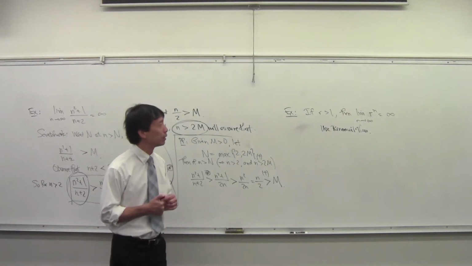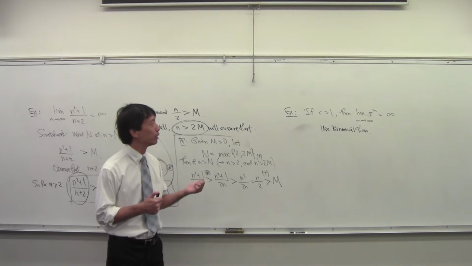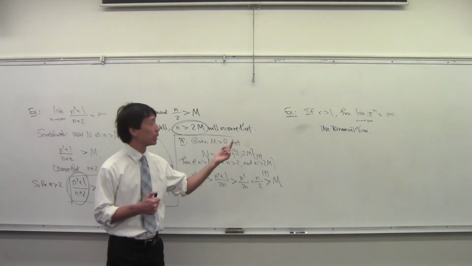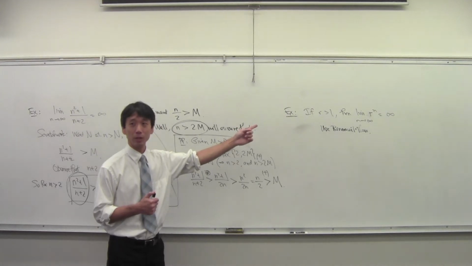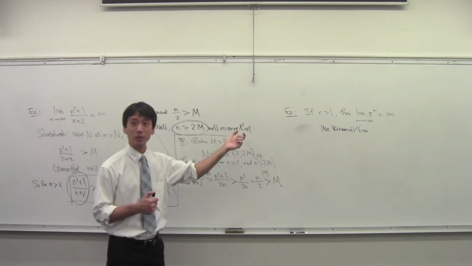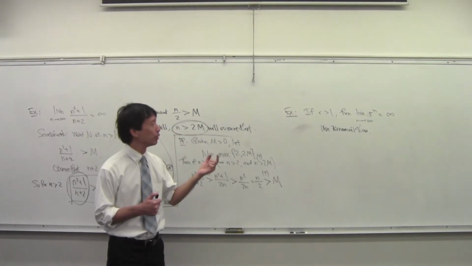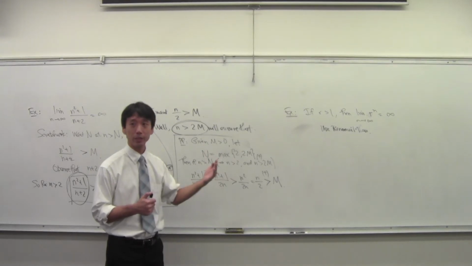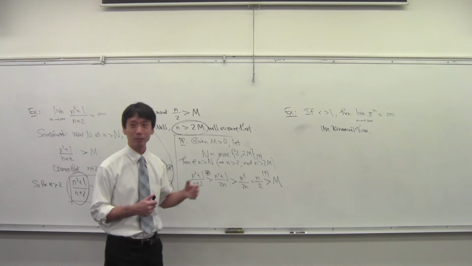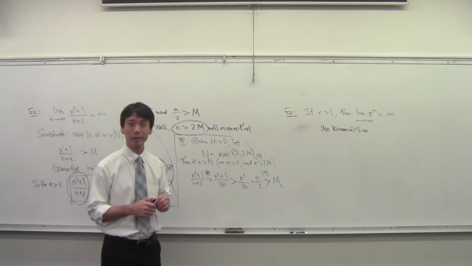Right? You would say, let m equal 1. Then I know that the limit is bigger than 1 because my r is bigger than 1 to start off with. So the base case is proven. Now assume that for an arbitrary m, you know that there's some time past which you exceed it, right? Can you use that fact to show that there must be a time for m plus 1? Maybe that would be the way to use induction.